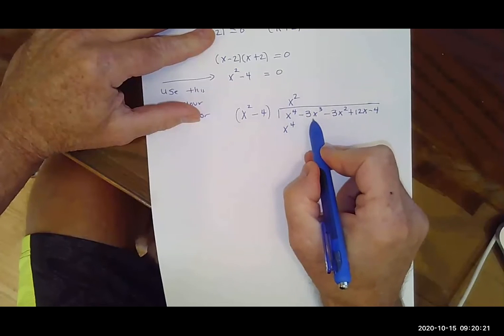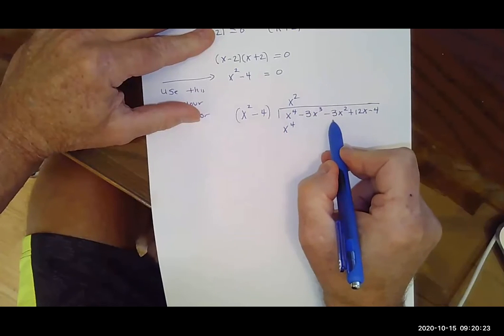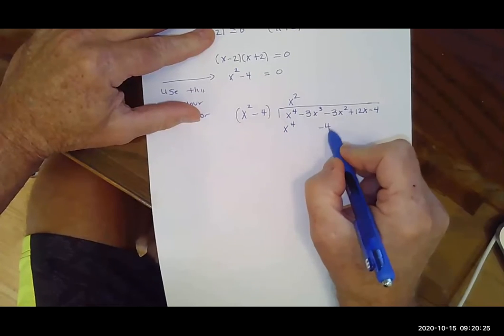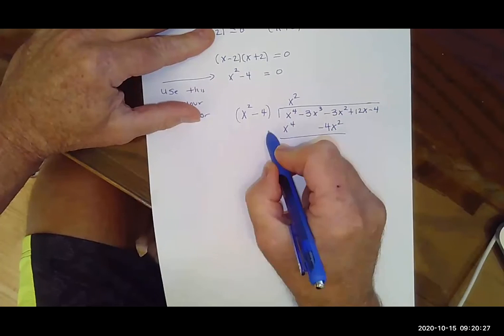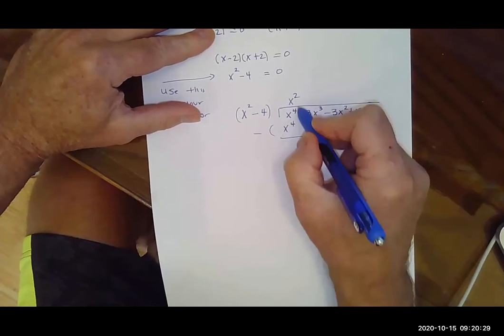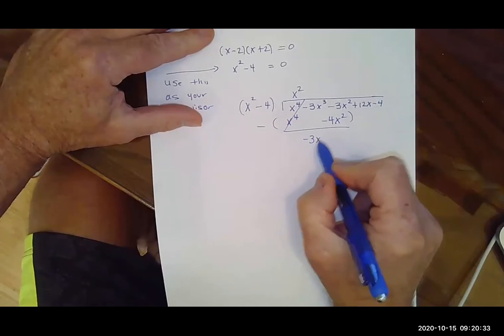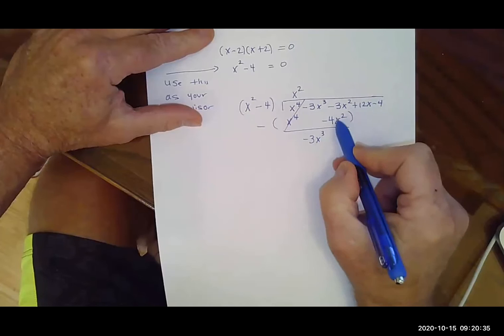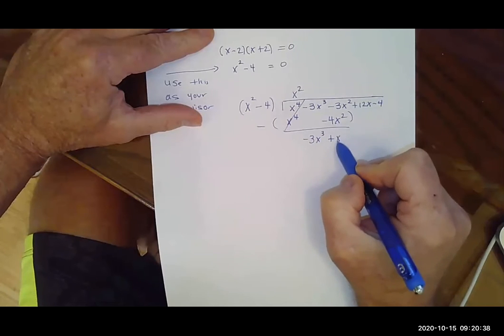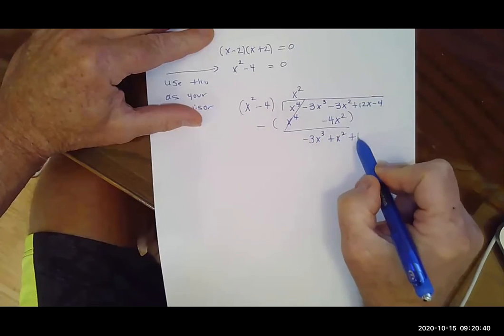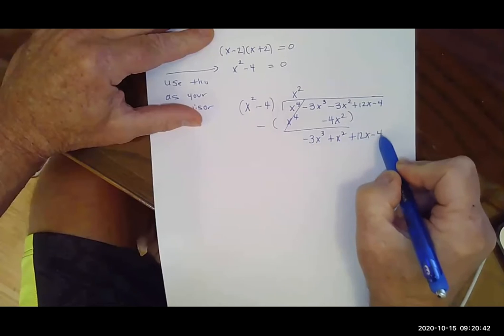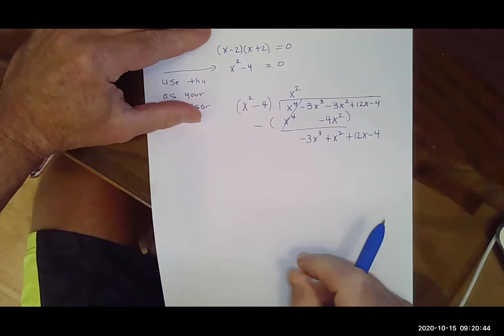So don't put it there, put it over here. Negative 4x squared, just line it up. That's what I do. Subtract, gone. You bring this down, so that's negative 3x cubed. That's positive x squared plus 12x. Subtract 4, and you continue the process.